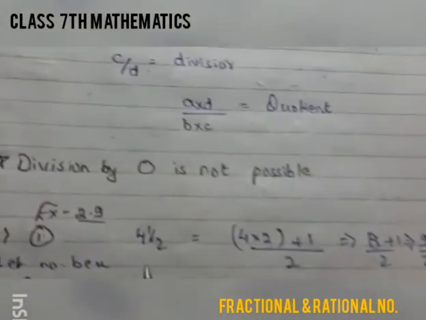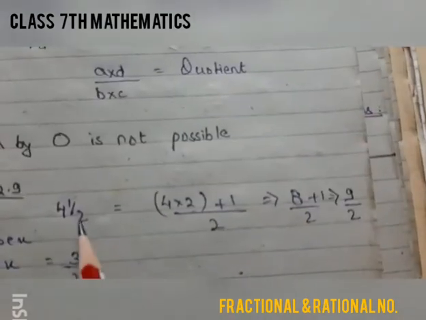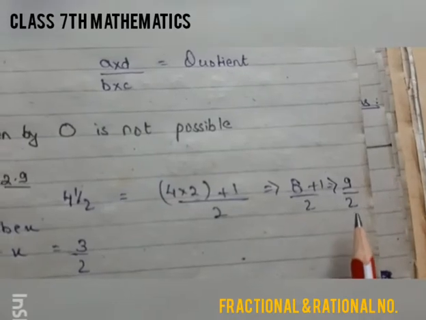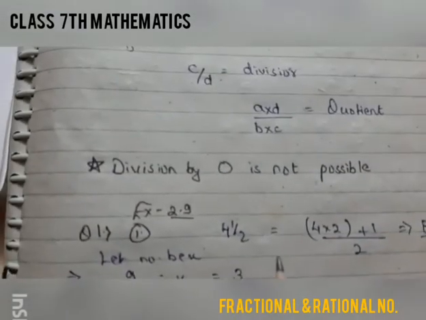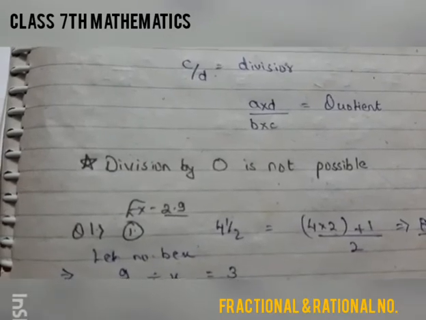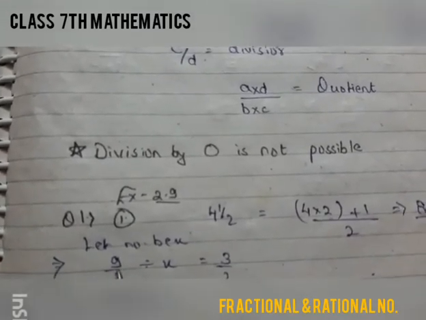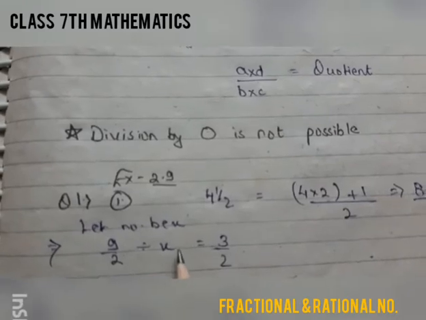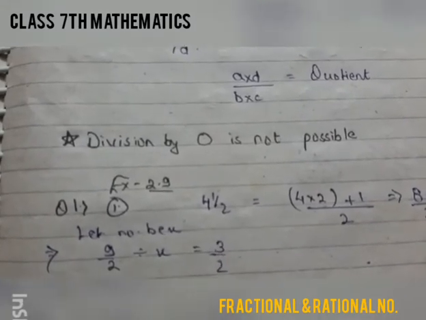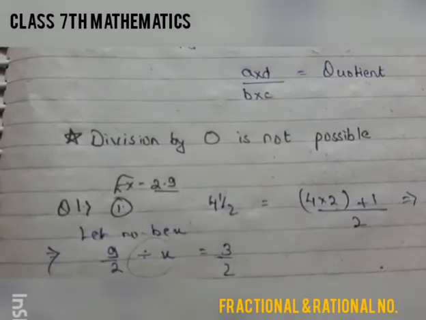First convert this 4 into 1 by 2: 2 into 4 plus 1, this will be 9 upon 2. Now the second rational number, since it's not given, assume it as x. So first rational number divided by second rational number, the answer is 3 upon 2. This is given in the question. We need to find the value of x.